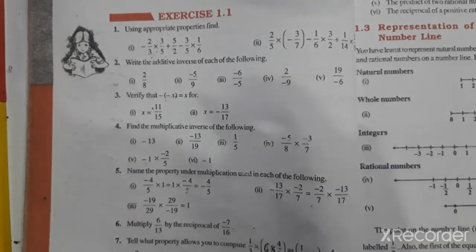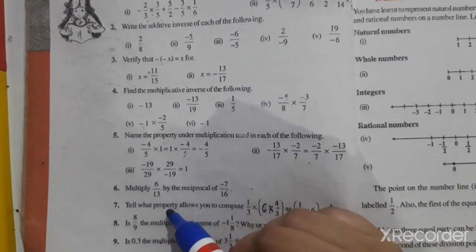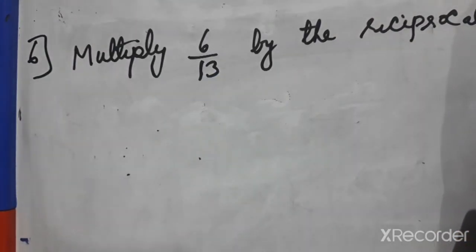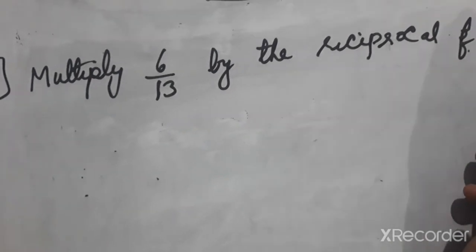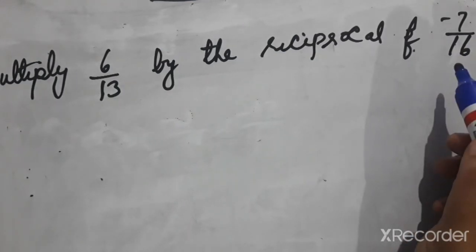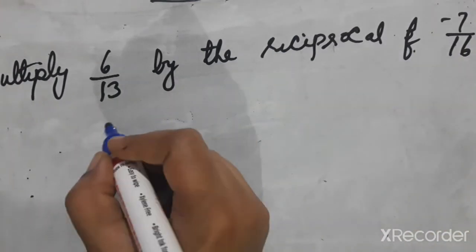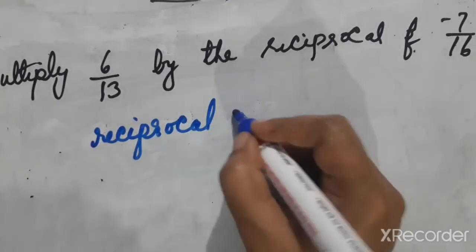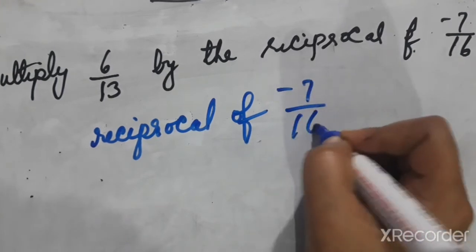Now the sixth one: multiply 6 by 13 by the reciprocal of minus 7 by 16. So first we have to write the reciprocal of minus 7 by 16.